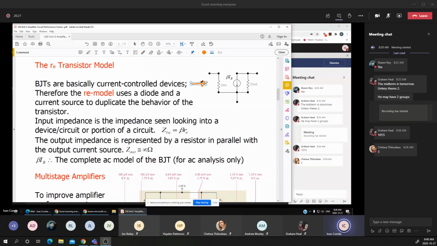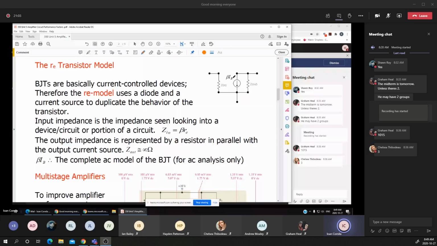Now, from the left side to the right side, that's the base of the transistor. That's the emitter, and the other one is the collector of the transistor. Means that in AC analysis, we have to replace the transistor with the re model, which has an input impedance and a current source, which is actually controlled by the base current.